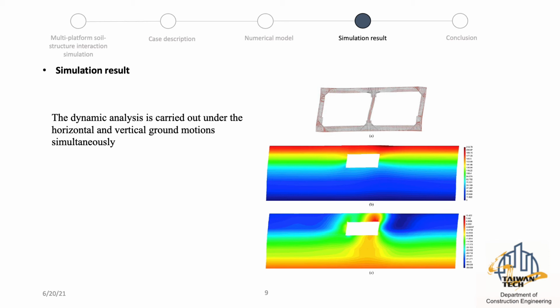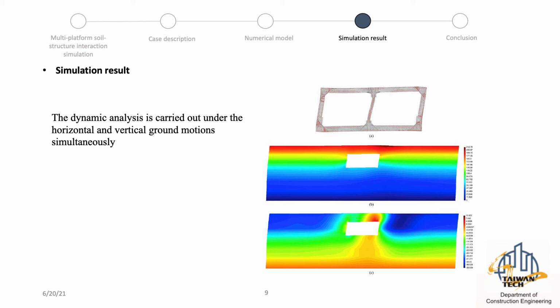The result of peak deformation of the soil and tunnel models, scaled up 10 times, is shown on the right side of this page. The maximum horizontal displacement is 212.8 millimeters, and the maximum vertical displacement is 39.6 millimeters.